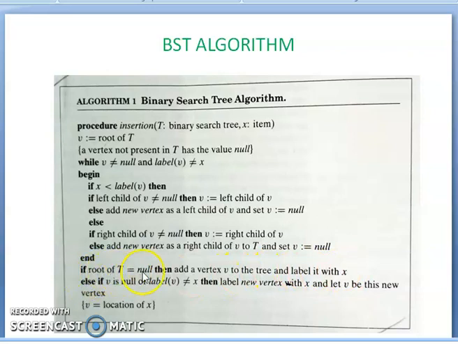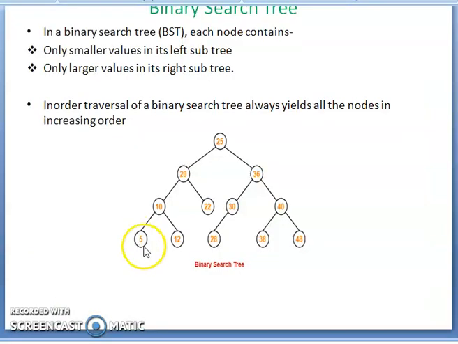Now else, if the root is not null, then v becomes null because you moved. For example, if you want to insert 4, you traverse up to here and the next v value is null. That is the condition you reached.